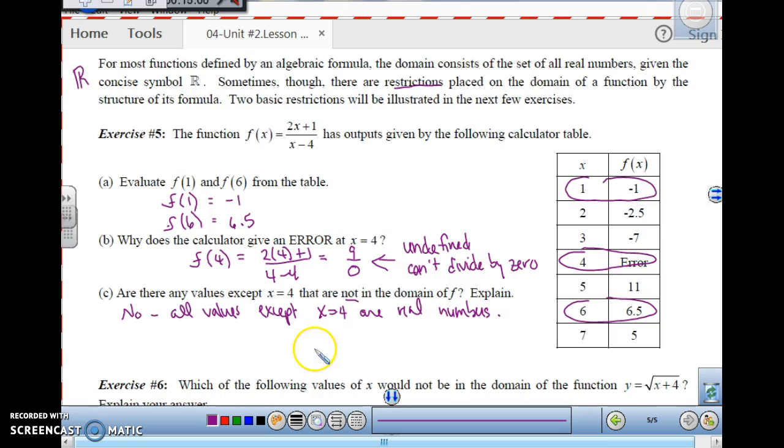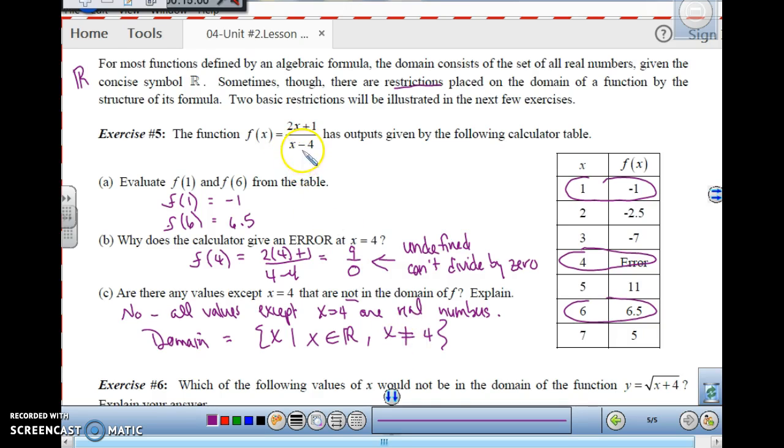So if we were to describe the domain of f, it is going to be x such that x is a real number, x is an element of the real numbers, as long as x cannot equal 4. So your domain would be all the real numbers except for 4.